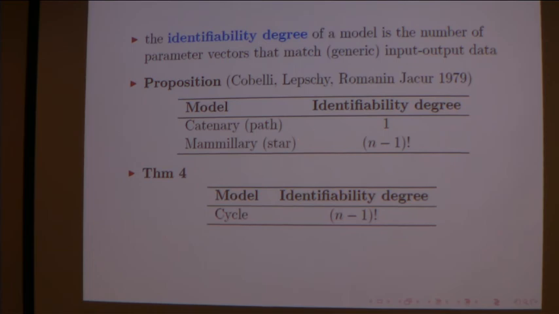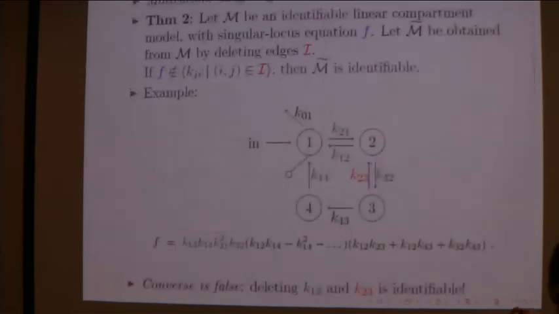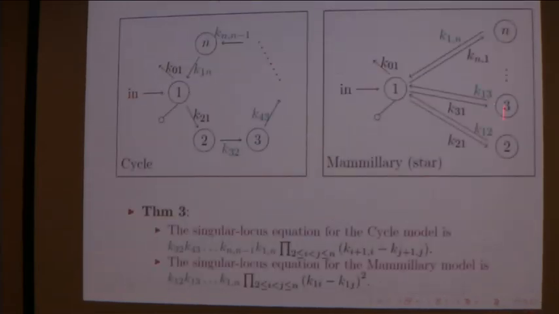For the path and the star models, the catenary and mammillary models, the identifiability degrees were already known. The star one is not too hard to understand because there's such symmetry amongst these n-1 components. You can for sure permute any of them. If you're only measuring from compartment 1, how can you distinguish compartments 2 through n anyway?